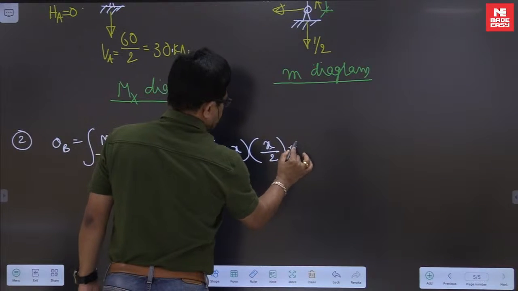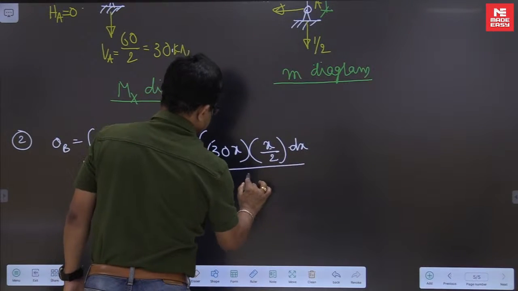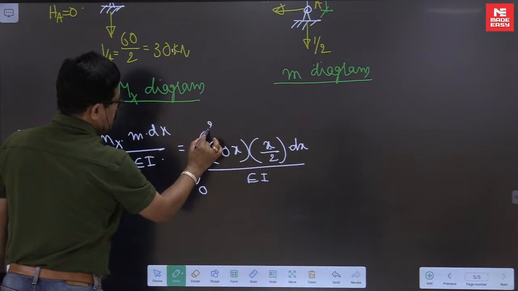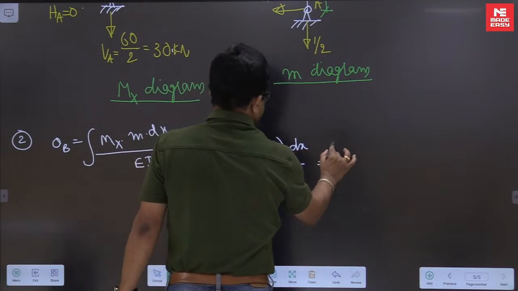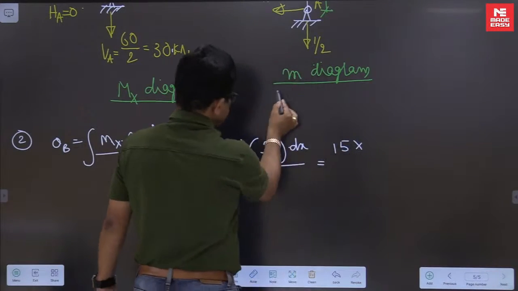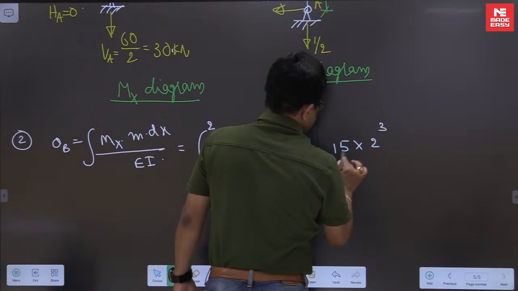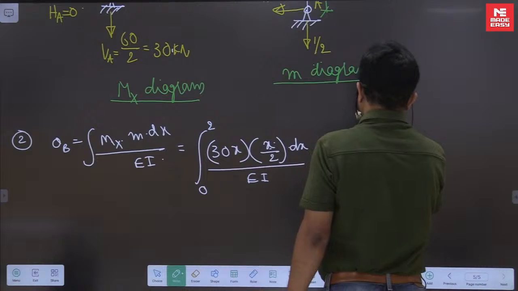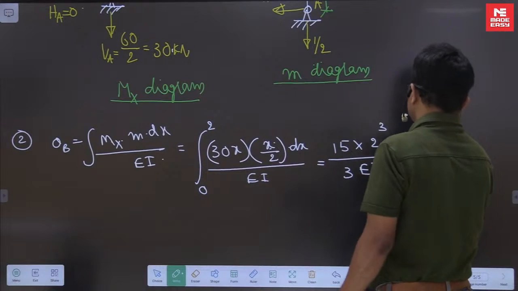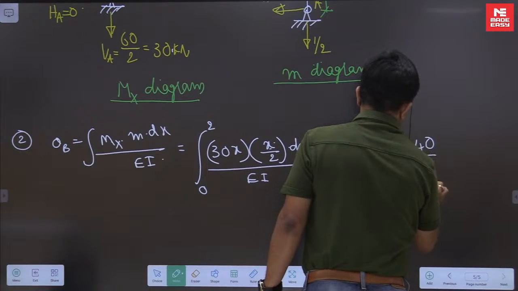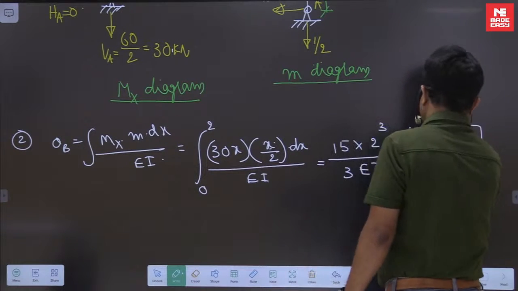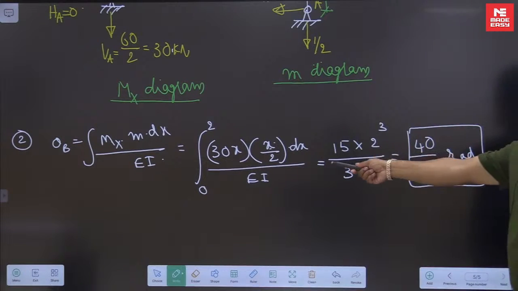Mx into m into dx by EI. What are the limits of integration? 0 to 2 meters. So 15 into x square, that means x cube by 3, that means 2 cube by 3 EI. So 8 into 5, 40. 40 by EI radian. See, that's all.